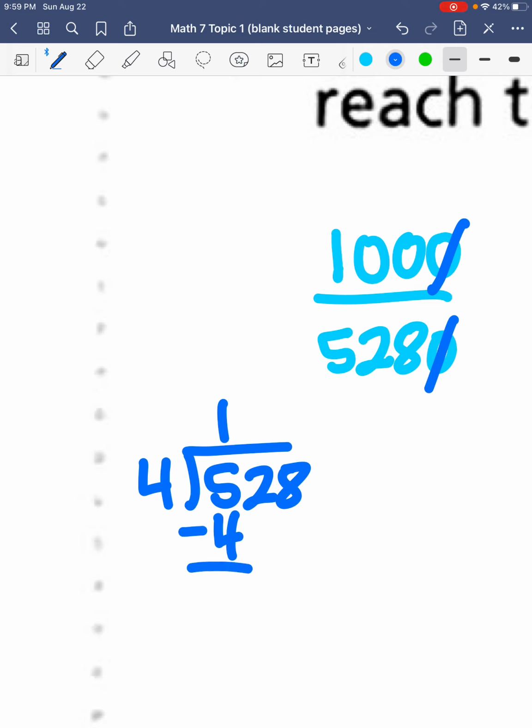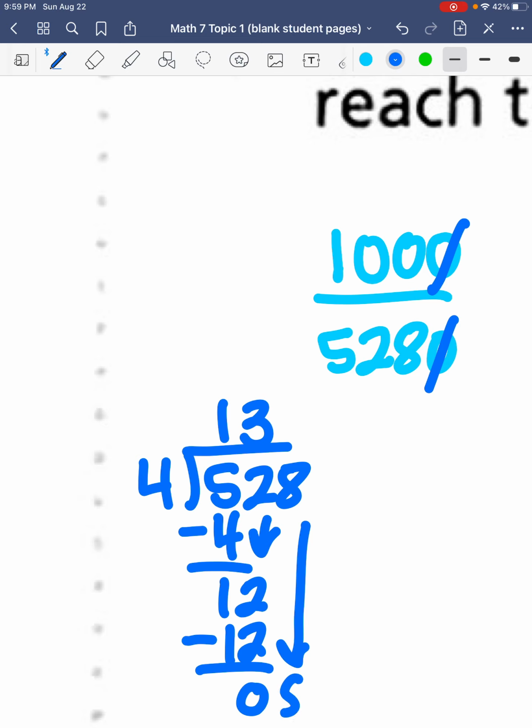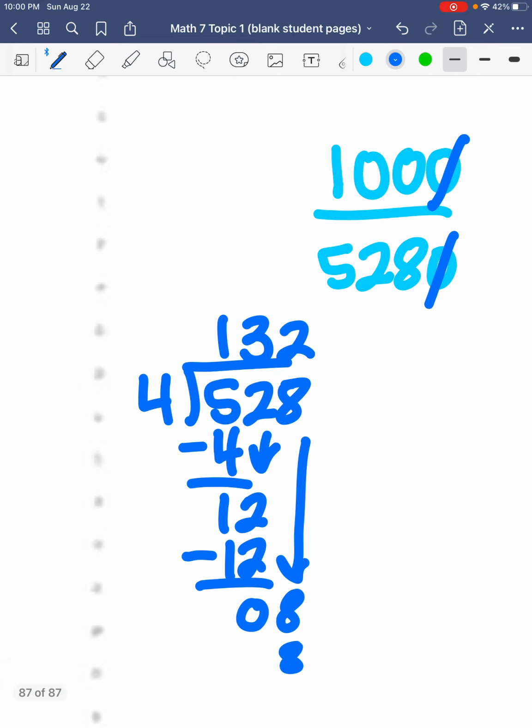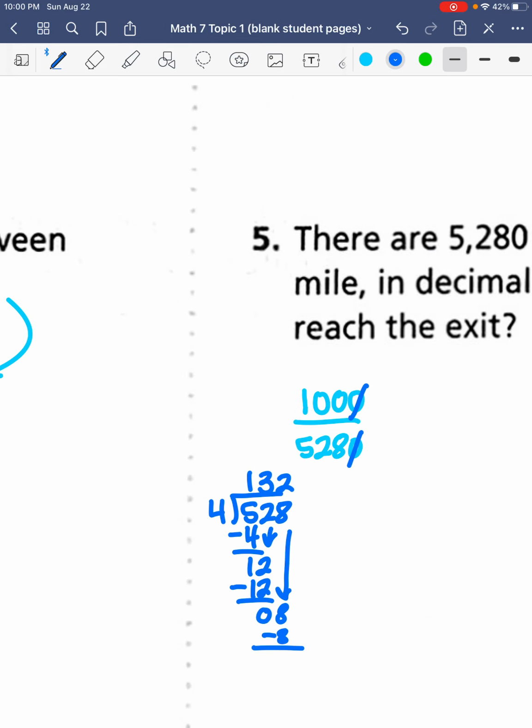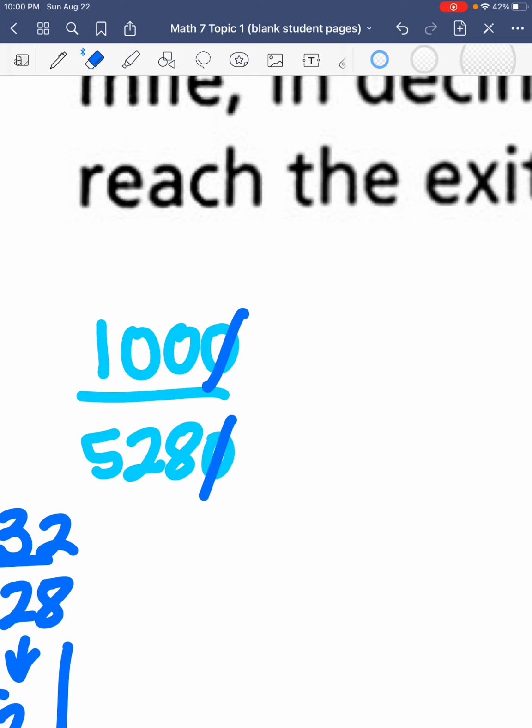I get 4. 1 is my result. Bring down that 2. 4 goes into 12 3 times. I get 12 exactly. 0, bring down that 8. 4 goes into 8 2 times, which is 8 exactly. So 4 works. So I can divide by 4 on the top and bottom.